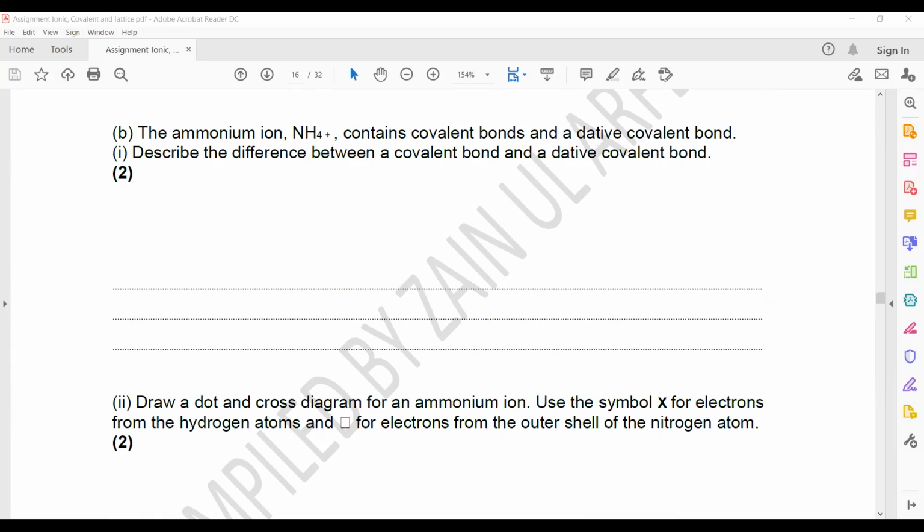A covalent bond is formed by a sharing of electrons, meaning the bonding electrons come from both atoms. But in a dative bond, the bonding electrons come from one atom only.